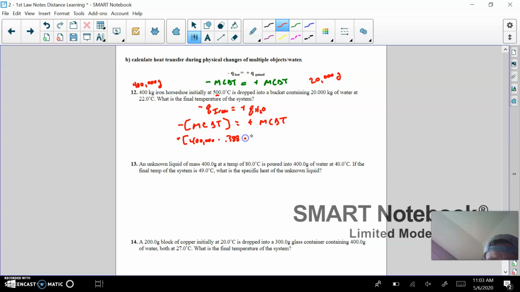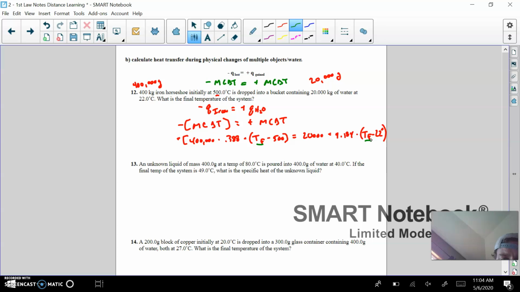Then times the final temperature, which is what we want to look for, minus 500 degrees Celsius initial. And then the water is 20,000 grams times 4.184, the specific heat of water, times the final temperature minus 22 degrees Celsius. In the end, TF is X, so you have to rearrange all this, do some serious algebra to solve for TF.